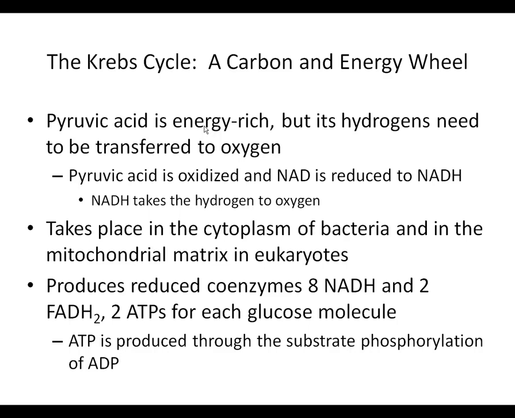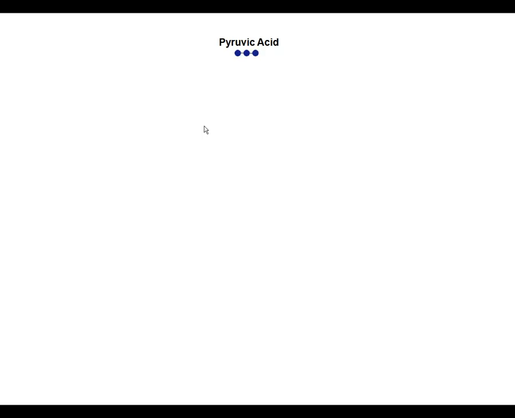We start out with pyruvic acid. Pyruvic acid is a large molecule, relatively speaking, and in the Krebs cycle, it only has room for a certain size of a molecule. So we have a reaction here called the transition reaction. And this transition reaction is going to give us an end product of acetyl-CoA.